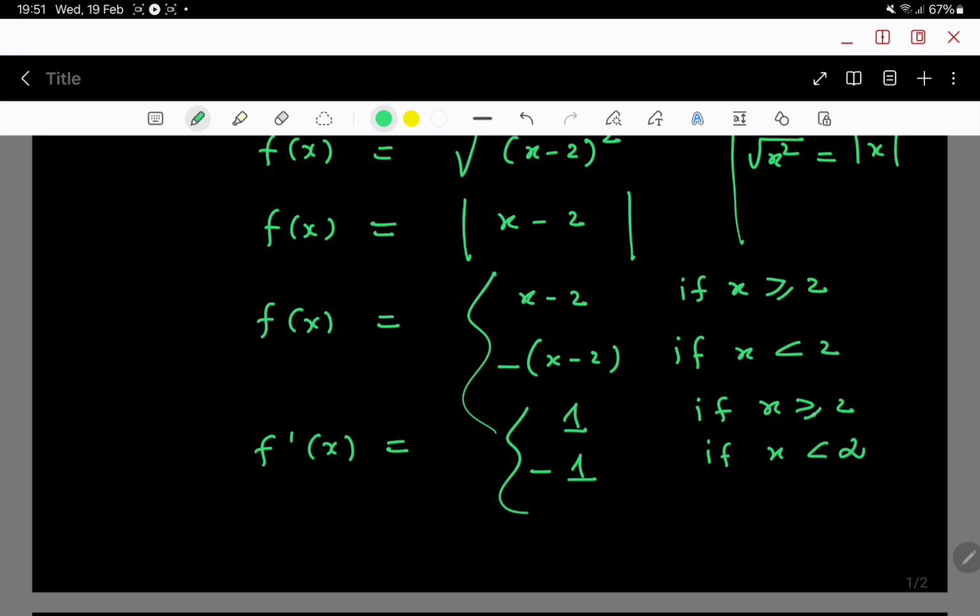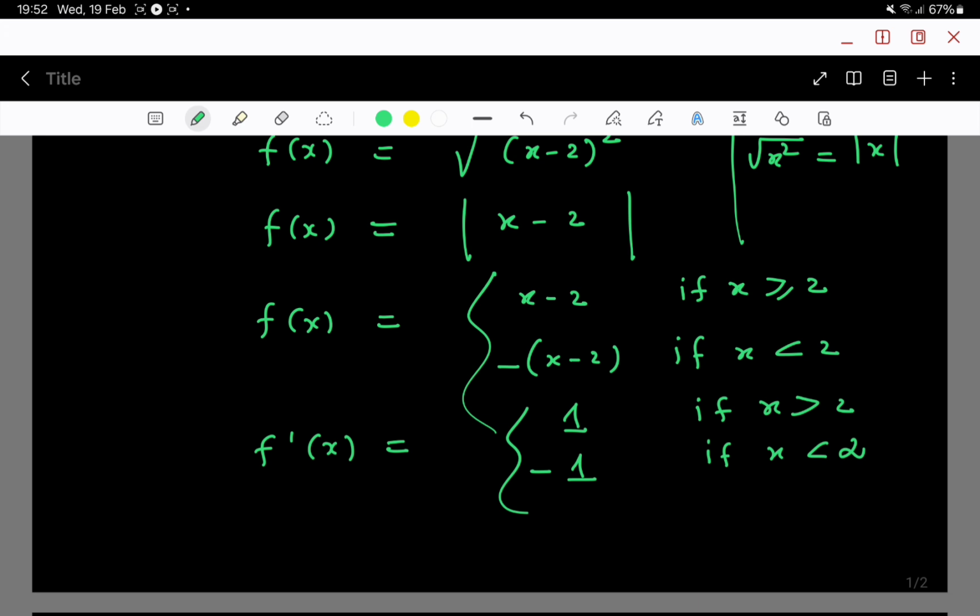Here, don't write equal to 2 because at x is equal to 2, the function is not differentiable. In the function f of x, we write x is greater than or equal to 2, but in derivatives, when you differentiate, at x is greater than 2, f dash of x is 1, x is less than 2, f dash of x is minus 1.